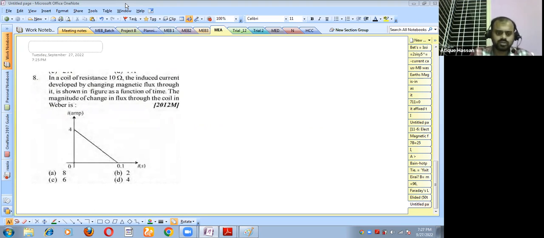So we have to find the magnitude of change in flux through the coil. For that, I will give you two methods to solve such a question.